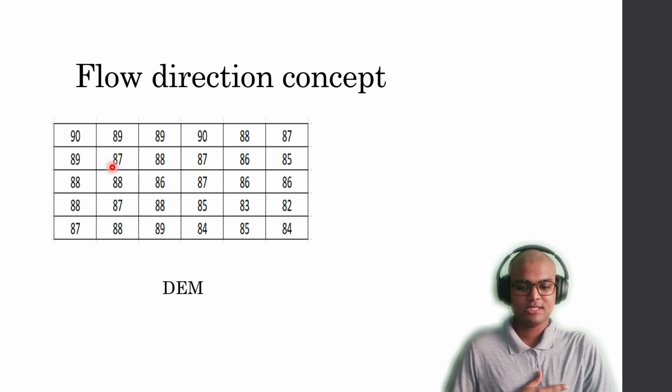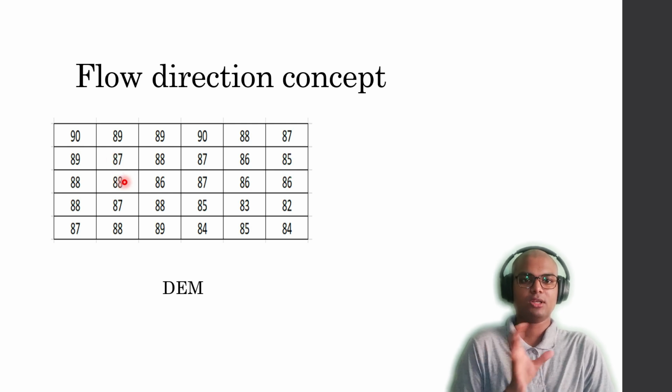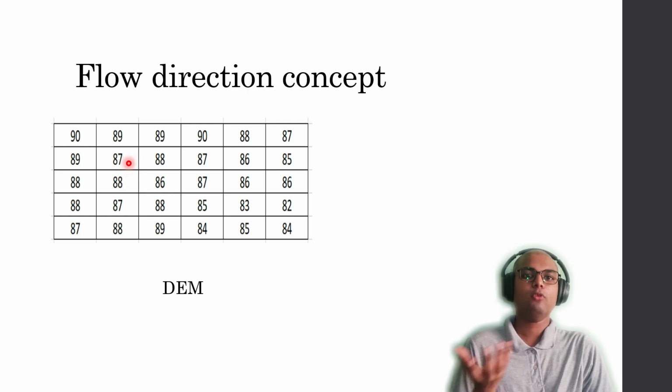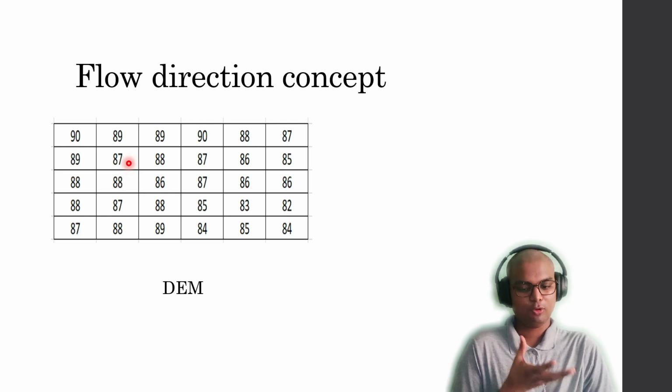So 87 is the elevation from which the water is starting to flow. How will the water flow and what is the direction in which the water can flow? To determine that, we need to check the 8 directions of each cell.